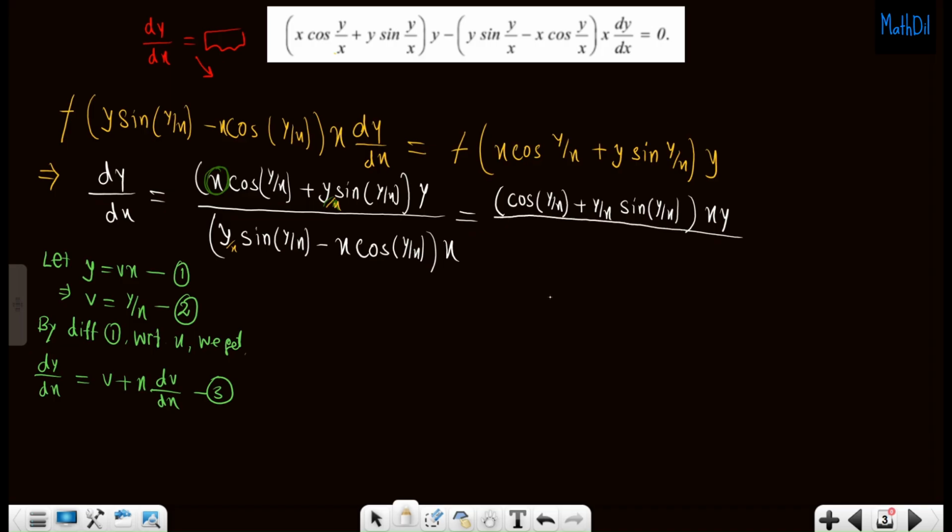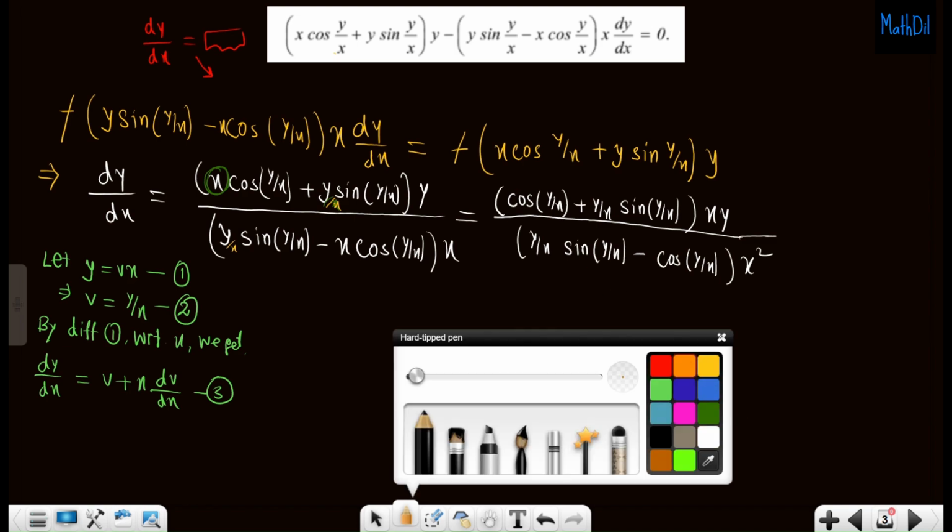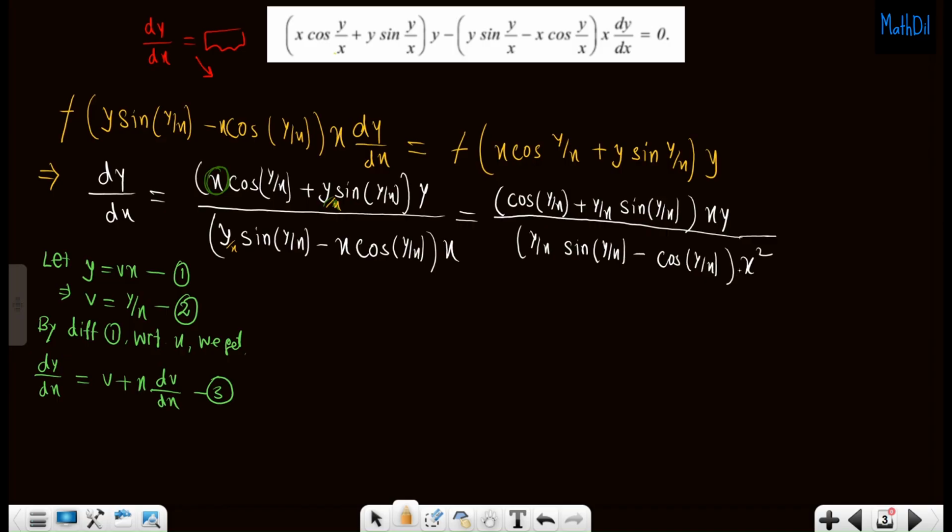Similarly, in the denominator, if you take x as common, then here it will be y by x, and it will be sin y by x minus, x is common, so it will be cos y by x, and here x square. And students, see, here is x and here is x square, so cancel it.